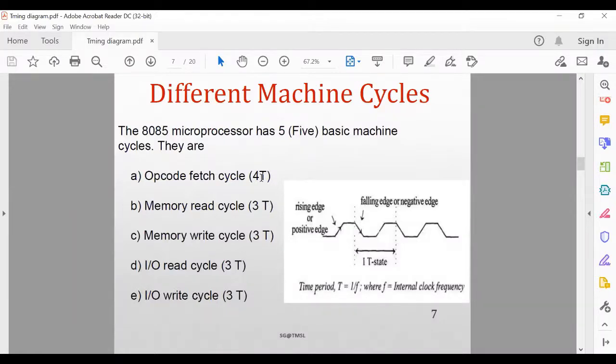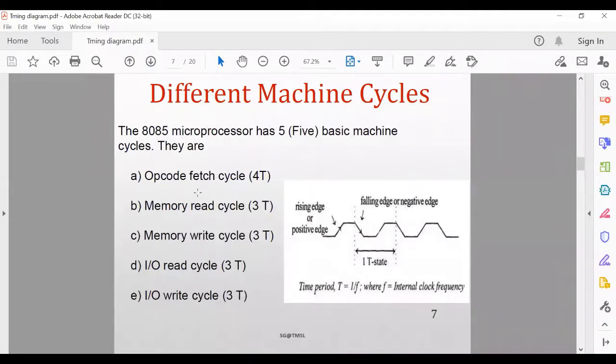Based on this opcode, the processor identifies whether it requires any other machine cycles or not. It may require a memory read cycle or memory write cycle, or both of them, or any one of them, and an IO write cycle, maybe any machine cycle.